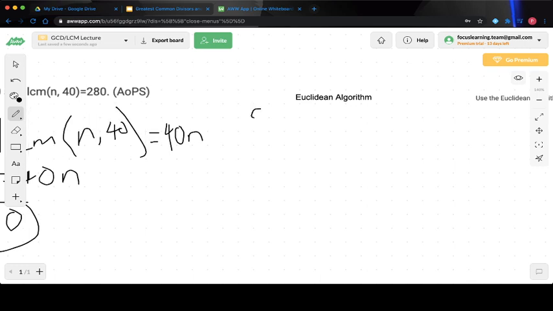I want to show that the greatest common divisor of A and B equals the greatest common divisor of A minus B and B. Okay, so that's what I want to show.